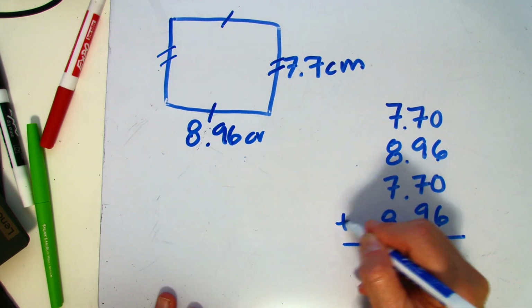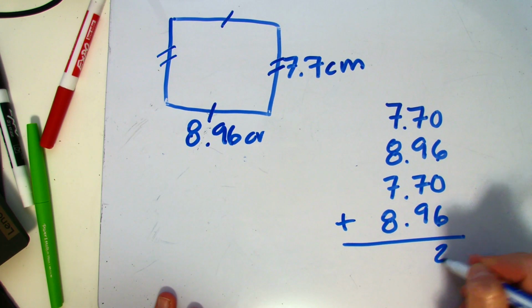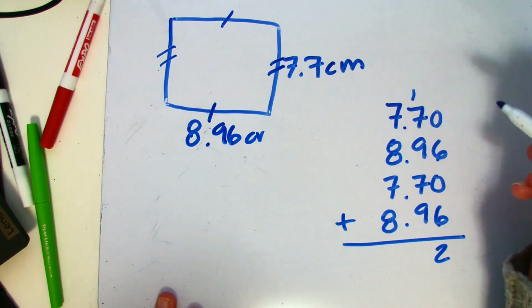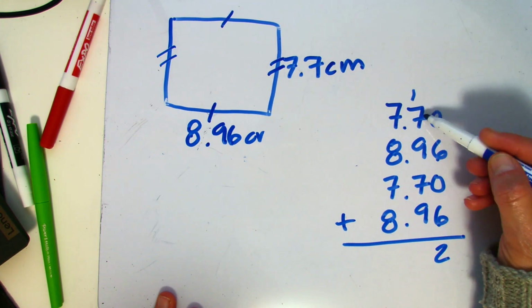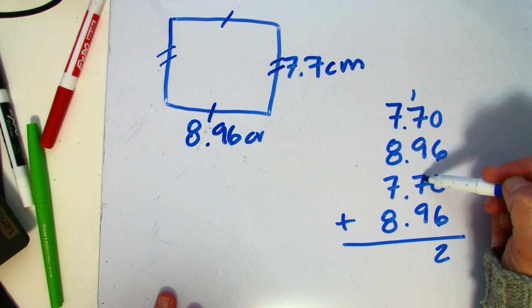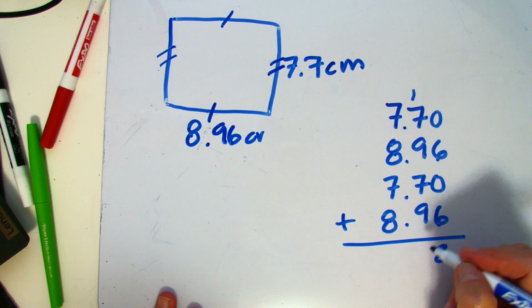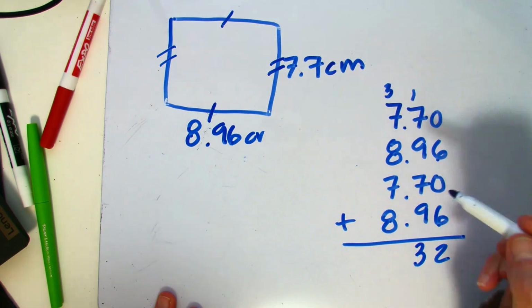When I add them together, 6 plus 6 is 12. I'm going to carry that 1. And 1 plus 7 is 8, plus 9 is 17, plus 7 is going to be 24, plus 9 is 33. Carry the 3.